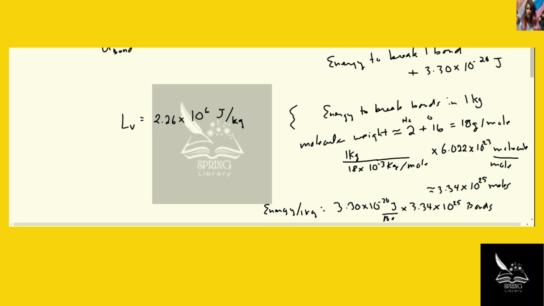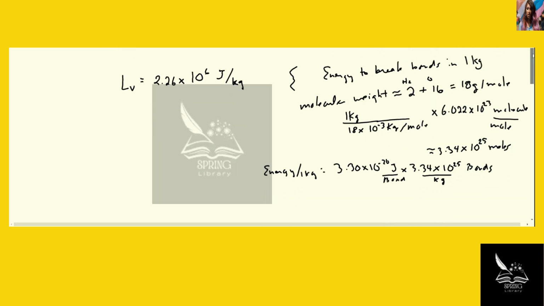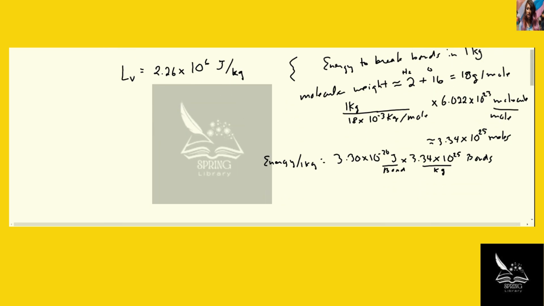And I'm just being careful to show all my little conversions there. And we wind up with about, what is that? 1.10 times 10 to the 6 joules per kilogram.